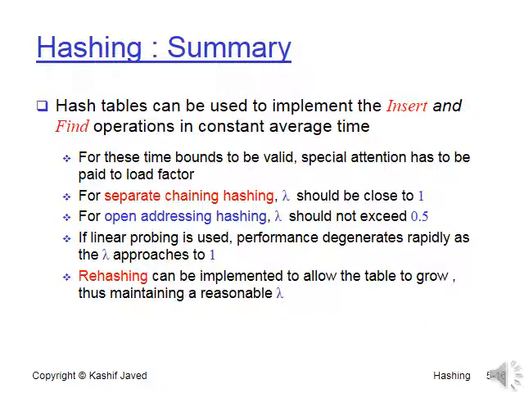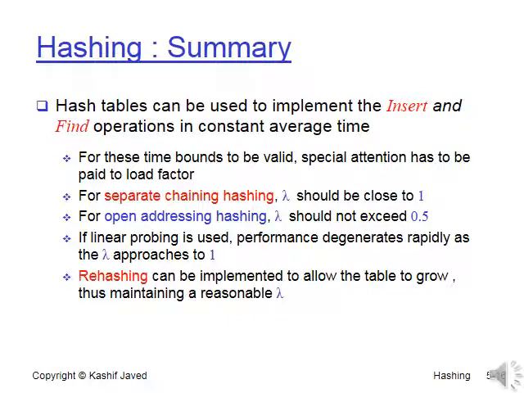Now for the summary of hashing. Hash tables can be used to implement insert, search, and delete operations in constant average time. Now, for these time bounds to be valid, special attention has to be paid to the load factor. For separate chaining hashing, your load factor lambda should be close to 1.